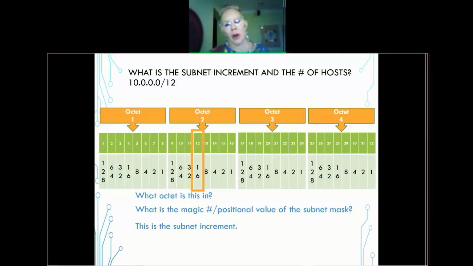Okay, so what would the next network address be? So Pedro, we're working in the 2nd octet, right? So we're going to add 16.